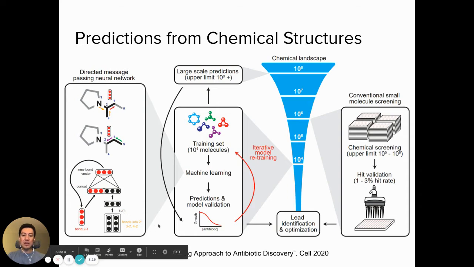The analysis of chemical structures can result in the exploration of a very large space of chemical matter, allowing us to discover structurally diverse molecules. Using this approach, our collaborators at MIT discovered a novel antibiotic called halicin, which exhibits efficacy among a broad spectrum of bacterial infections.